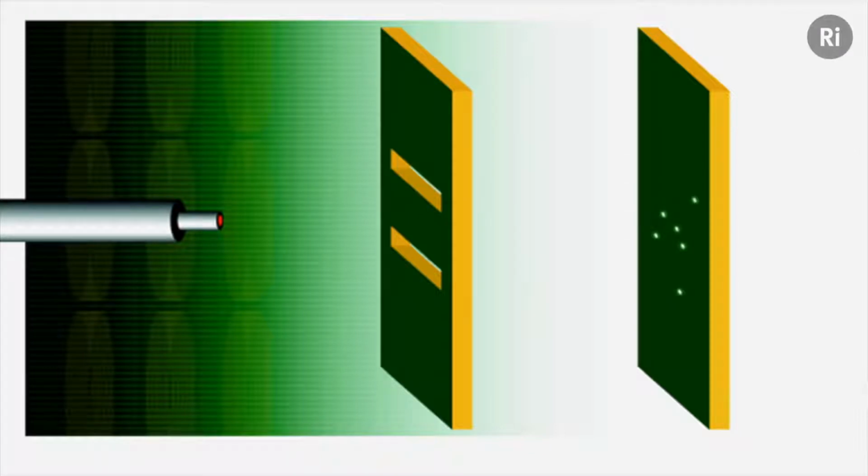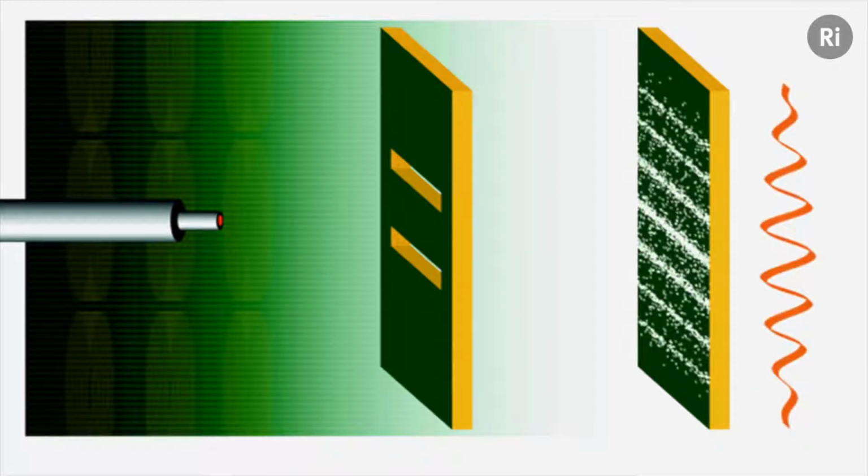So let's run the experiment again slowly, and gradually you'll see as the atoms go through, they'll look like they're just randomly arriving on the other side. You keep sending atoms through one at a time, and gradually that same pattern appears.